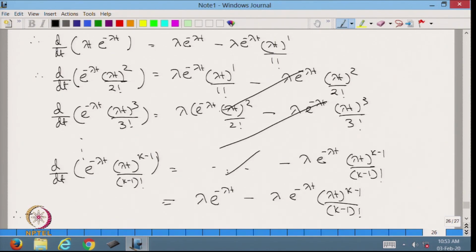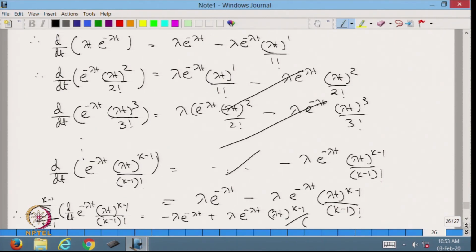Therefore, minus the sum over i from 1 to k-1 of d/dt of e^(-λt)(λt)^i/i! is equal to minus λe^(-λt) plus λe^(-λt)(λt)^(k-1)/(k-1)!.